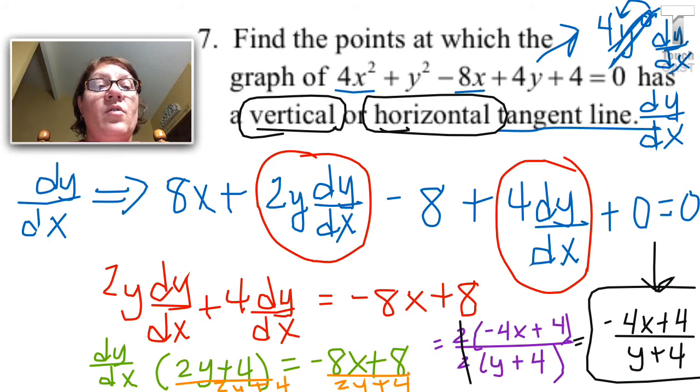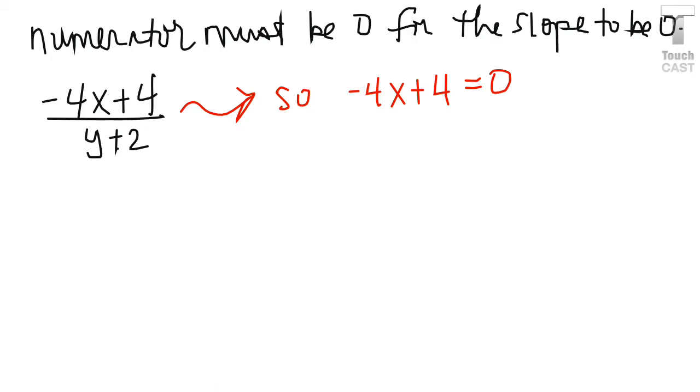So I'm going to set the numerator equal to 0. So I've taken the numerator of my rational polynomial slope, and I've set it equal to 0 because that's the only way that slope can equal 0 is if the numerator is 0.